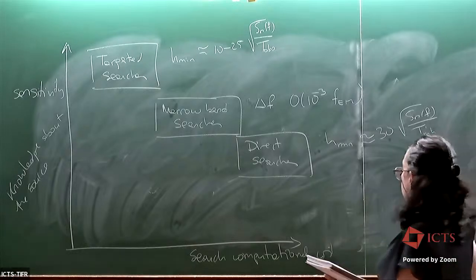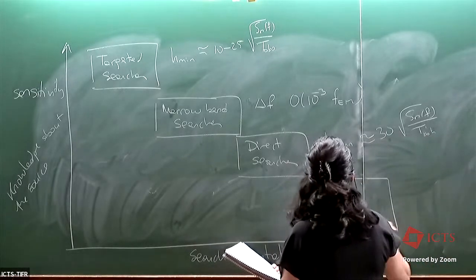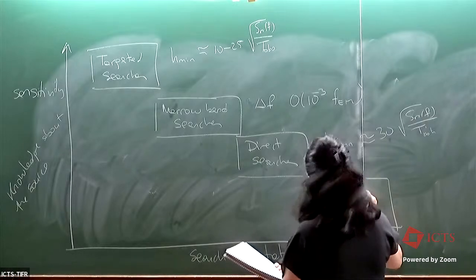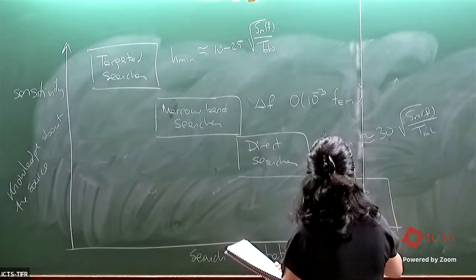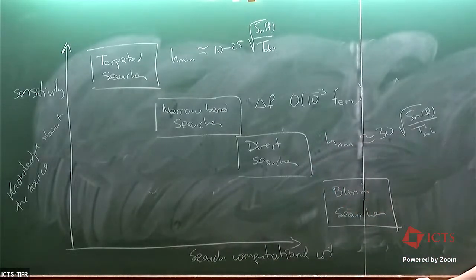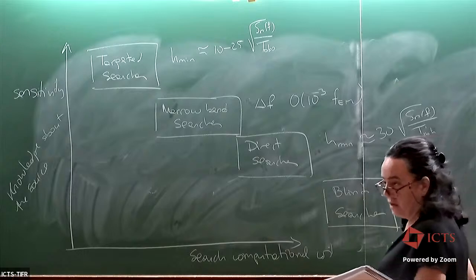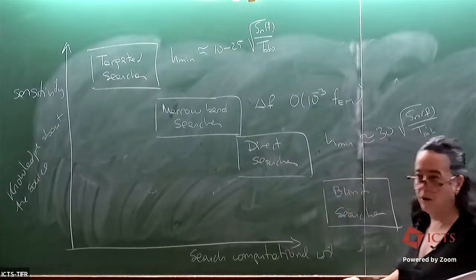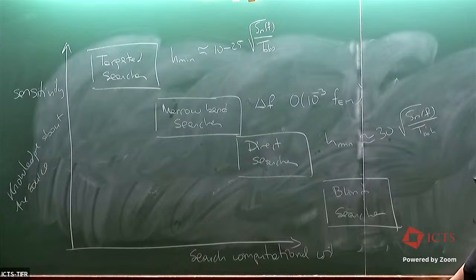And then the most computationally expensive are the blind searches, in which we have no information at all. Unknown sky locations and unknown frequencies or frequency derivatives. So we will have to search for them all. For these kinds of searches, it's completely impossible to integrate coherently during the full observing time.